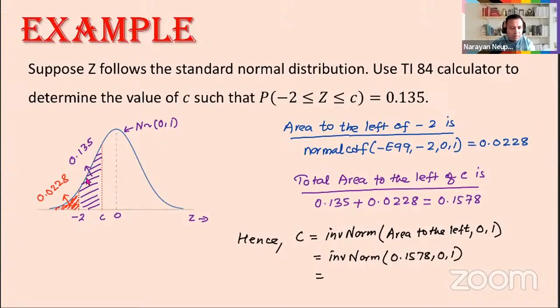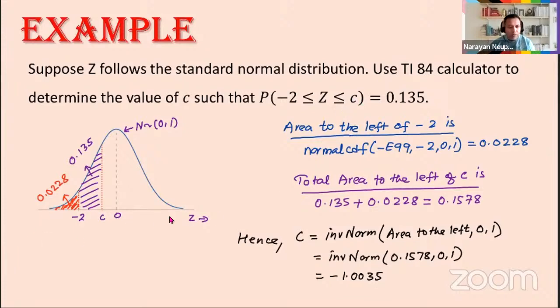Now, remember one thing: if this area is 0.135 or 13.5%, the C must be on the left of 0. That means the answer that we are getting here must be a negative value. So if we type this in our calculator to check it, what we get is -1.0035. So the value of C is -1.0035.